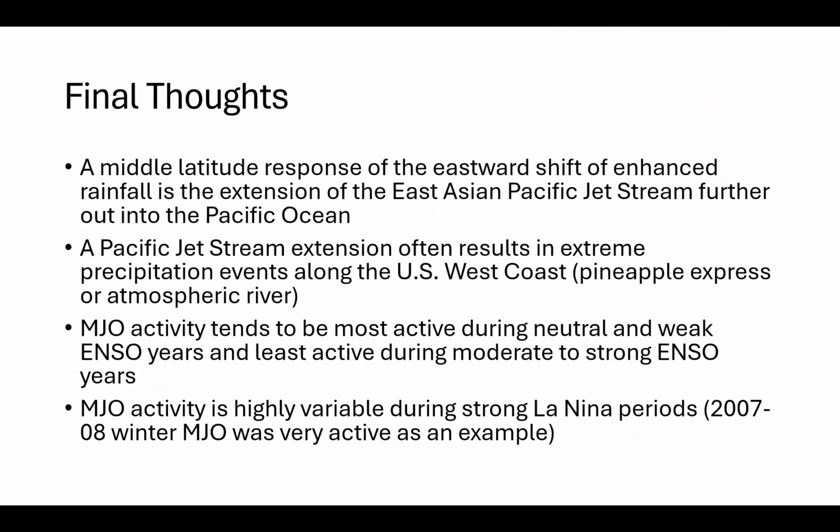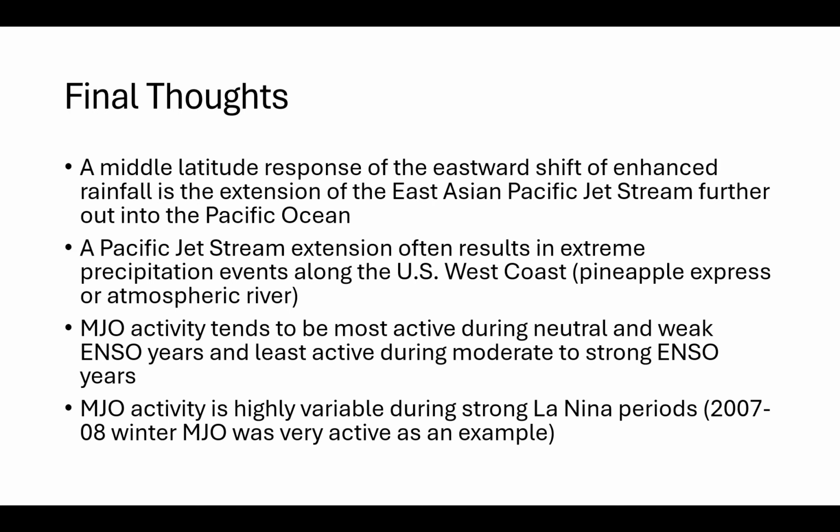All right, additionally, a mid-latitude response of the eastward shift of the enhanced rainfall due to the extension of the East Asian Pacific jet stream further out into the Pacific Ocean. That can occur with the MJO in specific phases, and that Pacific jet stream extension then often results in a very strong Pacific jet. It works its way west to east and just basically runs right into the west coast of the United States.